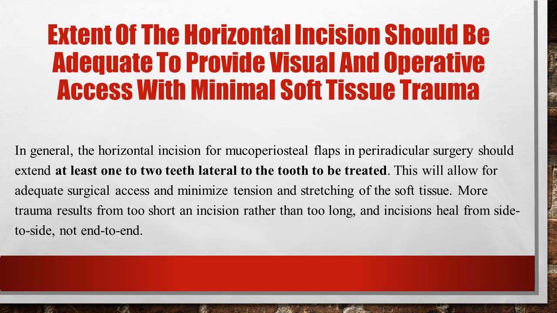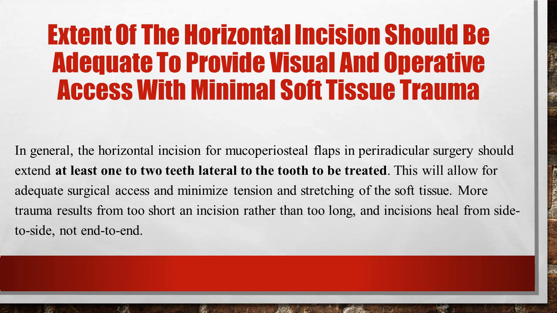Okay. The extent of the horizontal incision should be adequate to provide visual and operative access. This is what I was talking about. So let us assume your maxillary right lateral incisor is the tooth of interest. So you have a periapical lesion for the maxillary right lateral incisor.